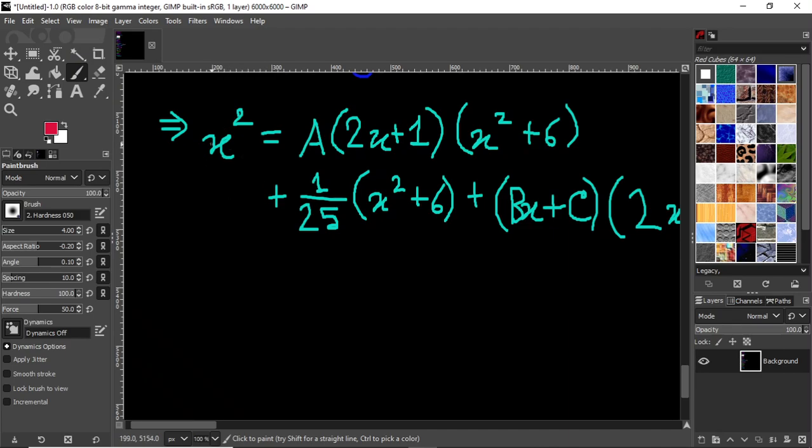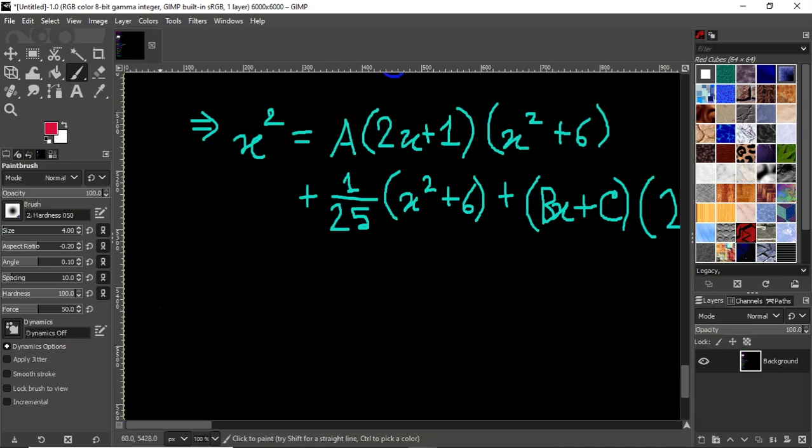Okay, so what I mean is, here on the left hand side, suppose I want to equate the coefficients of x cubed on both sides. On the left hand side there is no x cubed term, so the coefficient of that is 0. On the right hand side, I'll get a 2x cubed here, that's the highest term, and I get an a here. So the coefficient of x cubed here is 2a, but we are not done.